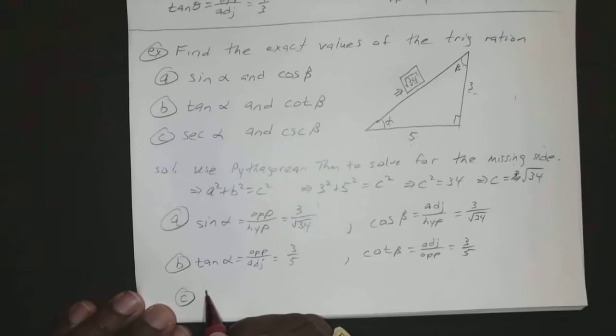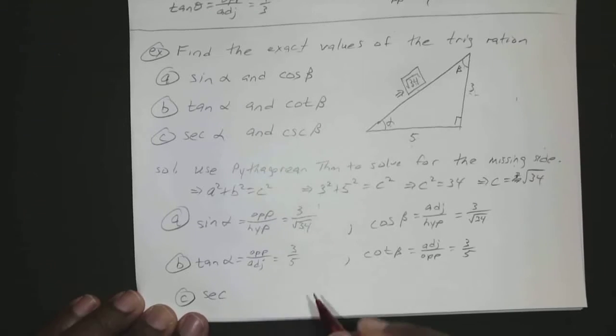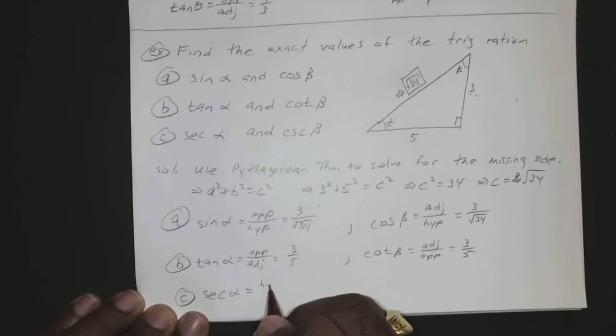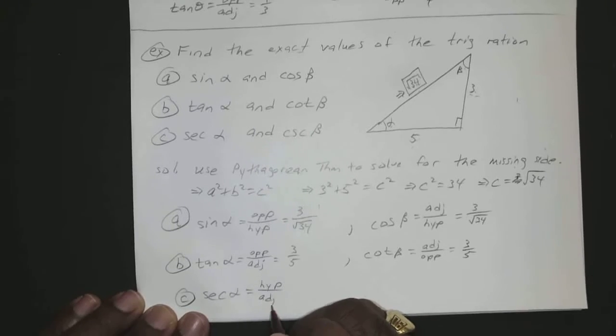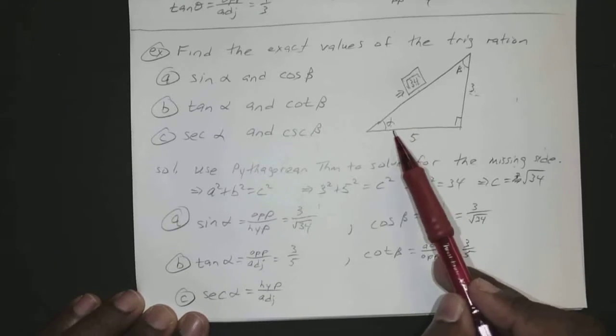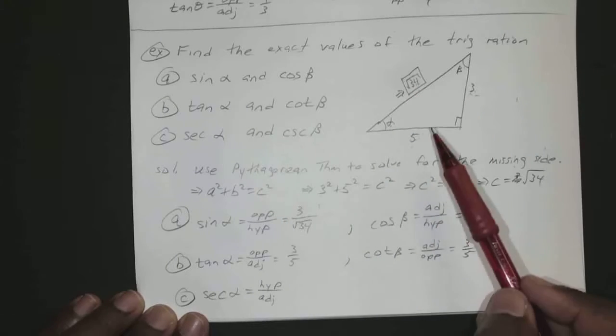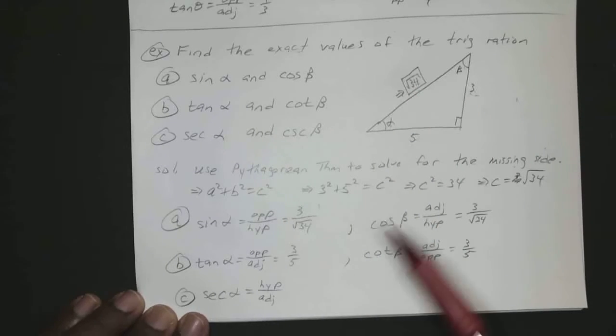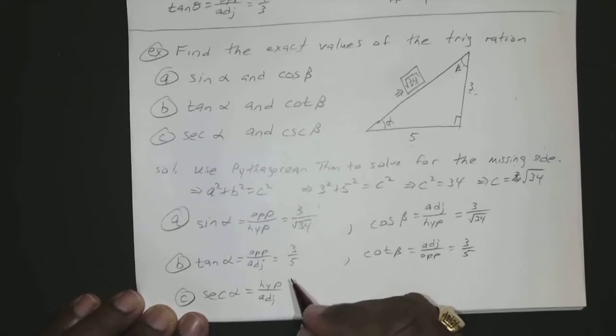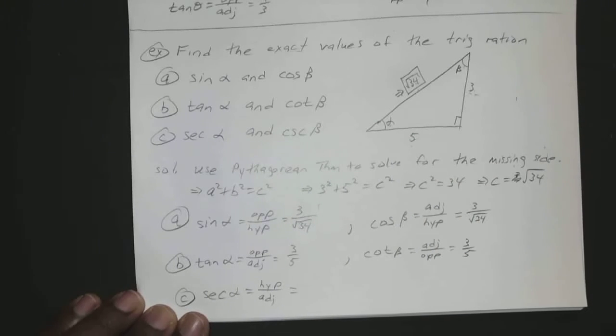Okay, so for C, secant of alpha is equal to cosine flipped, which is hypotenuse over adjacent. So for alpha, hypotenuse over adjacent is square root of 34 over 5.